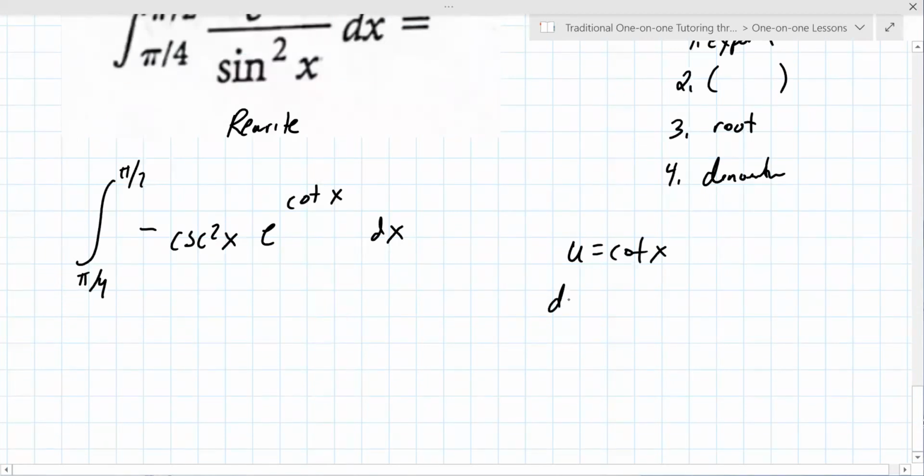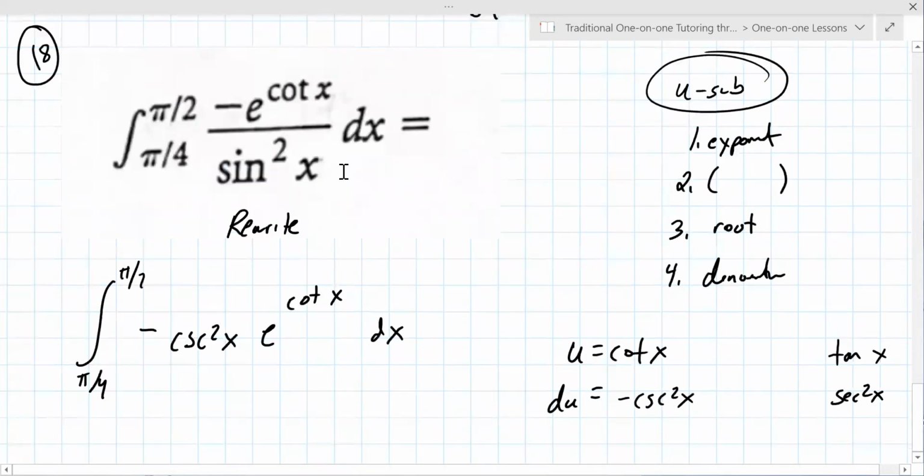So do you remember the derivative of cotangent? Do you remember the derivative of tangent? Yeah, secant squared x. So this is minus cosecant squared x. And that's why this rewrite is so important, because you may not notice what to do if you leave sine squared on the bottom, but now that it's here, it's like, oh, well, I think I can do this.